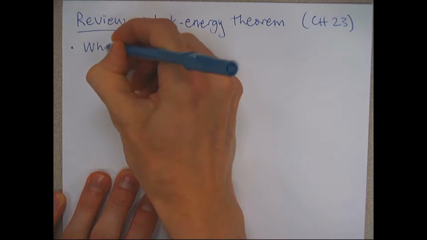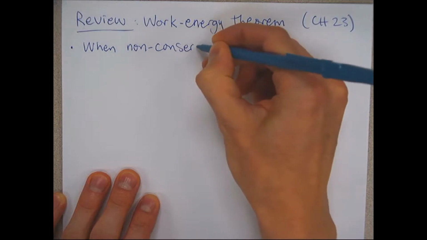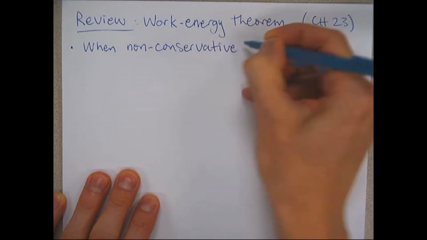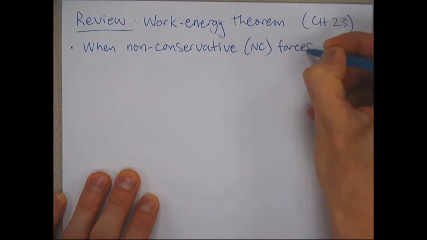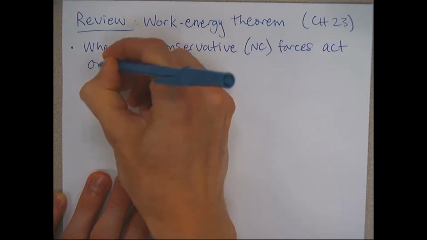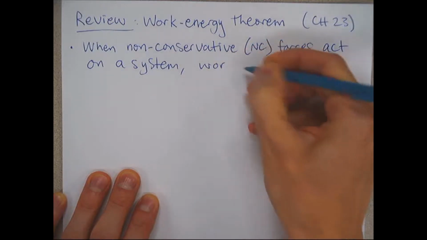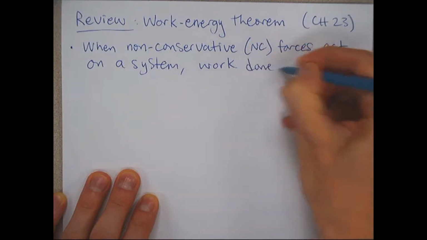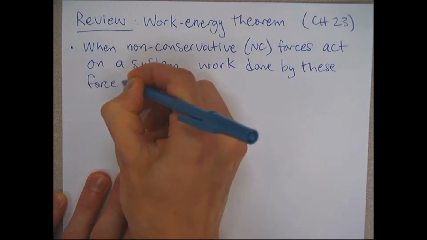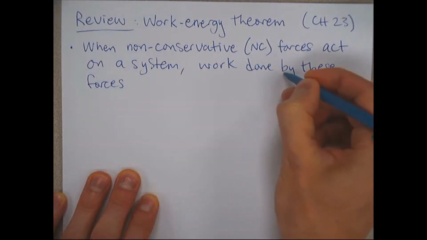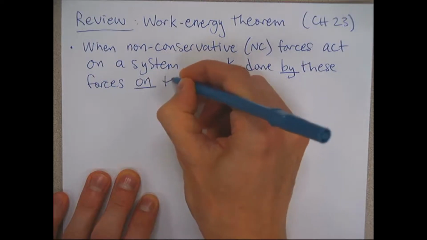I'll remind you that when non-conservative forces, we'll label them NC, act on a system, the work done by those forces, and I'll emphasize by these forces on the system.